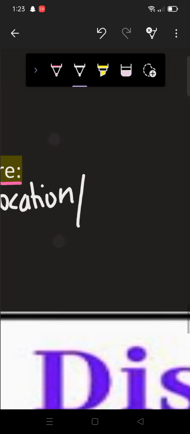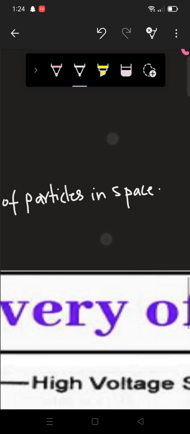Structure means location, position or placement of particles, that too in the space.